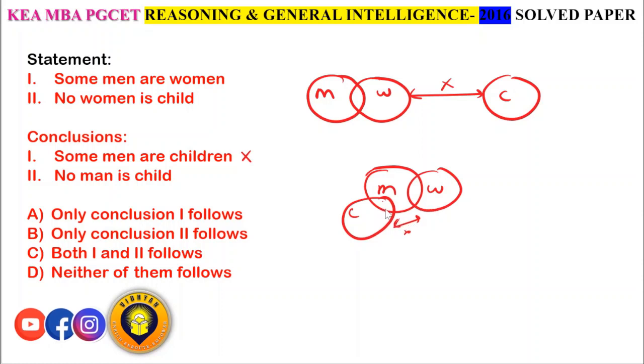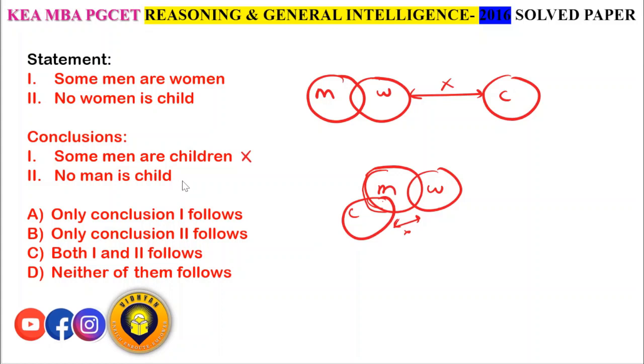But see, in this case the man circle and child circle are intersecting, but it is not changing our statement, right? So no man is child is our given conclusion.